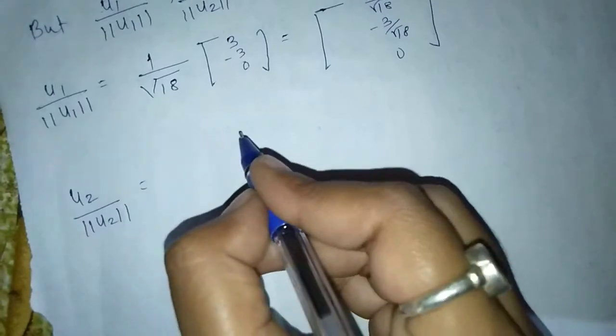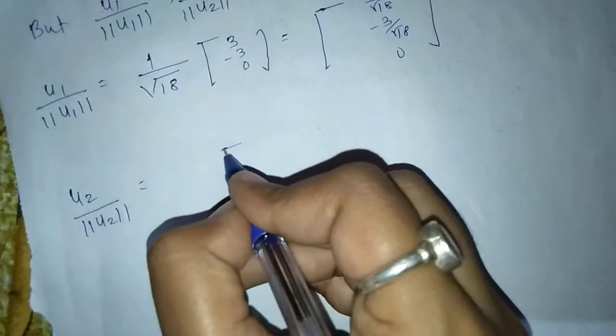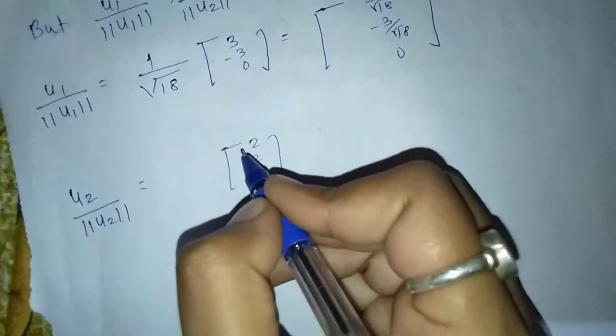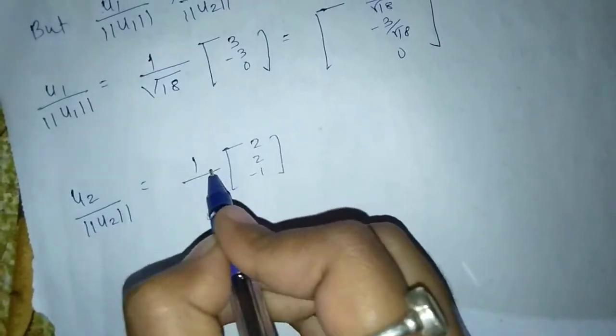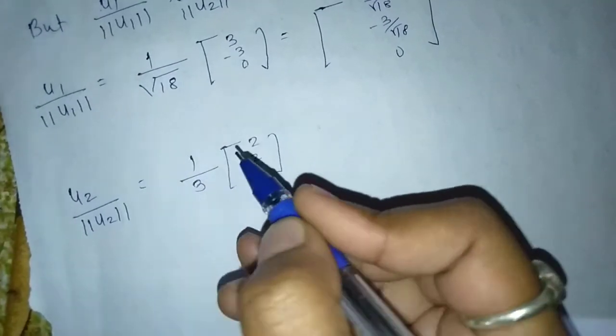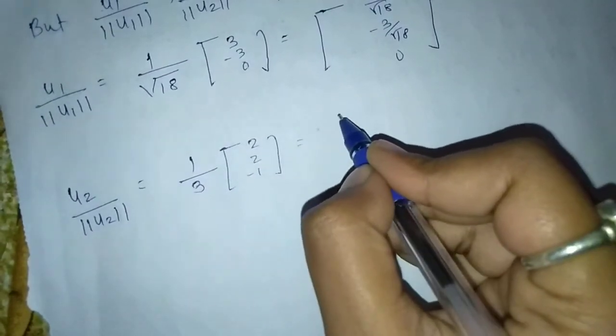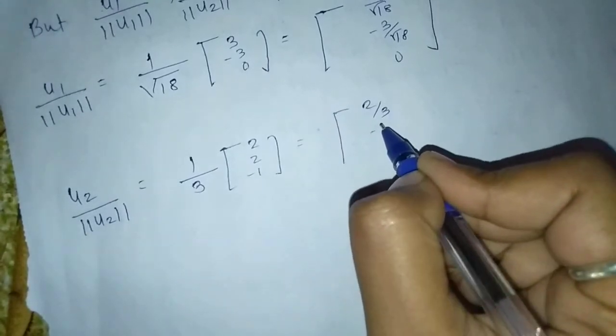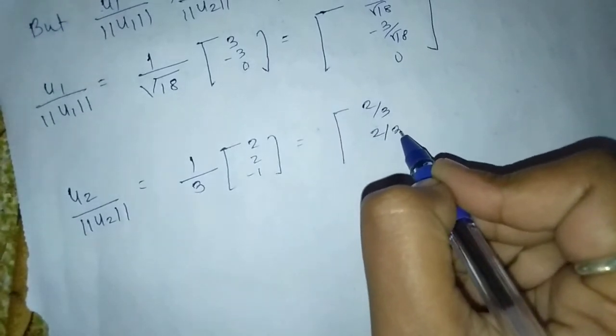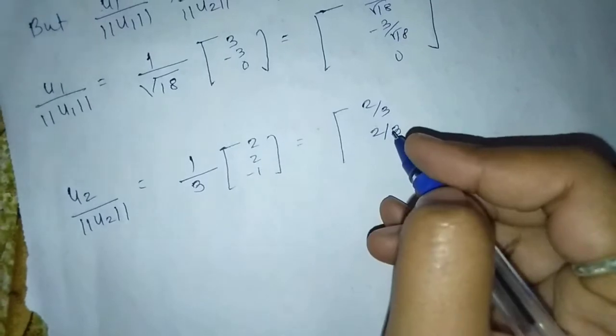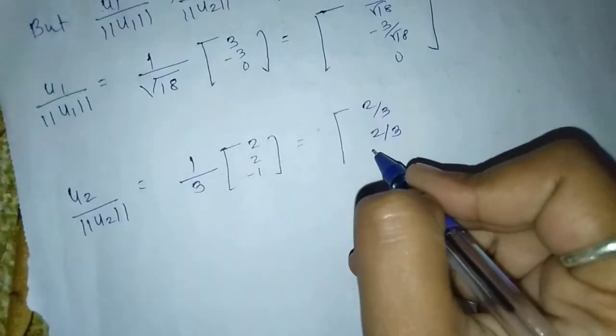Next, U2 upon norm of U2: U2 is (2, 2, -1) and norm of U2 is 3, so we get (2 upon 3, 2 upon 3, -1 upon 3).